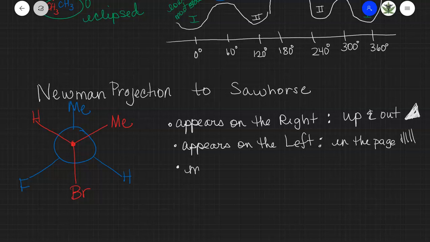And lastly, if it appears in the middle, it's in the plane. So those are some guidelines.